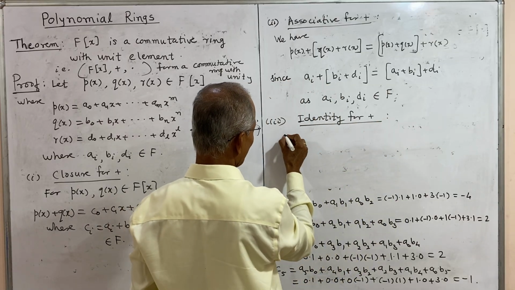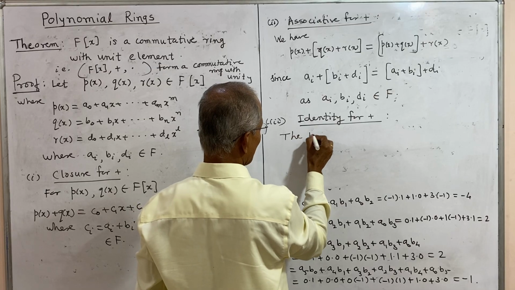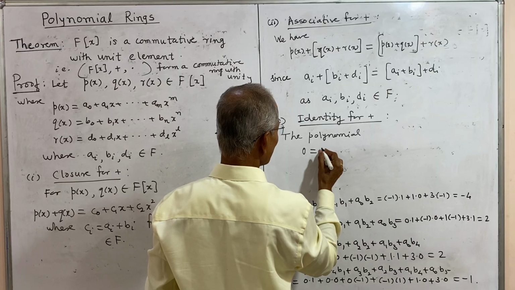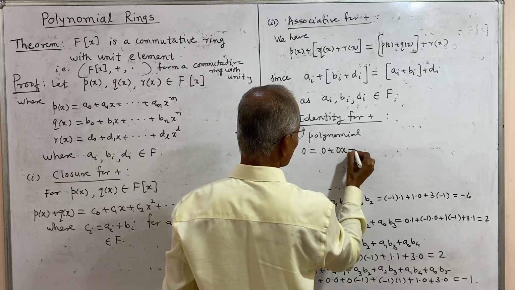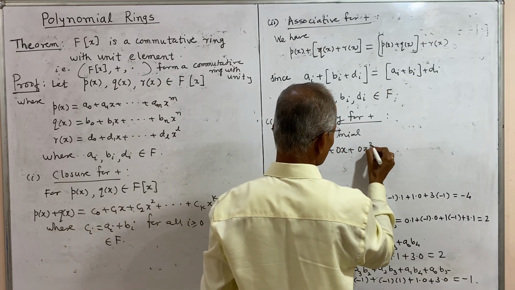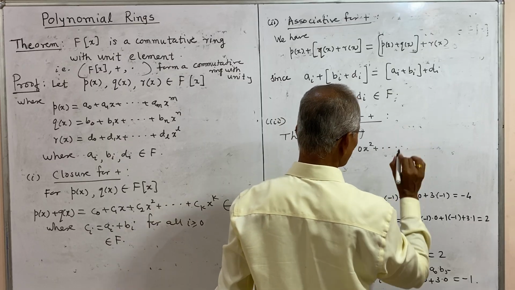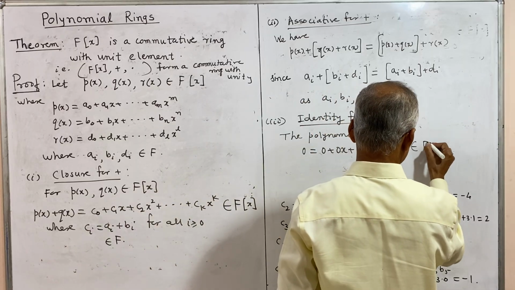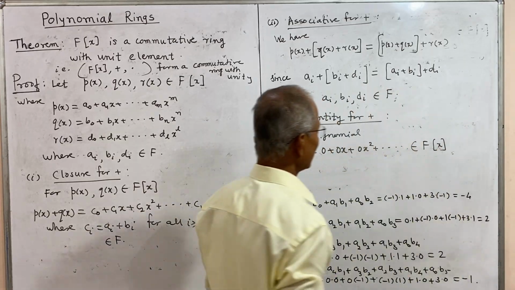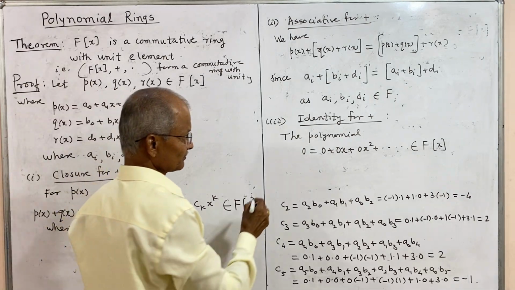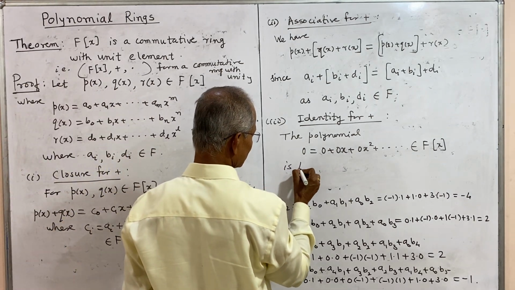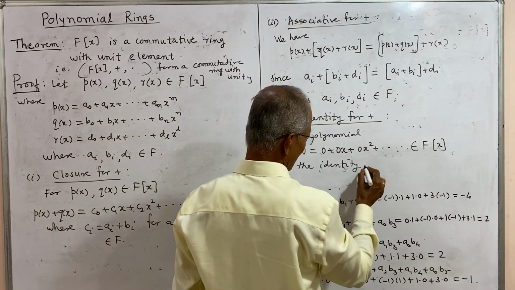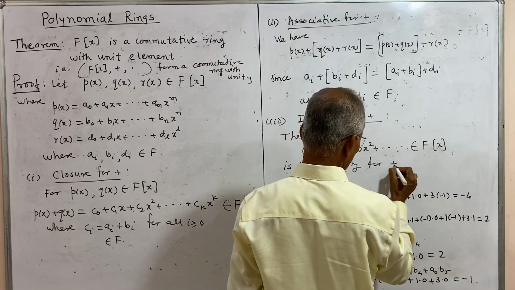The polynomial zero, which is written as 0 plus 0x plus 0x square, etc., whose every element is 0, is in F of x, and is identity for addition. Identity for addition or 0 element.